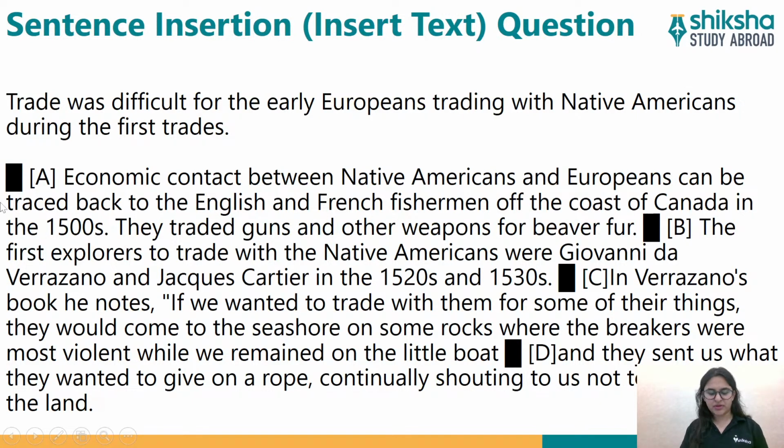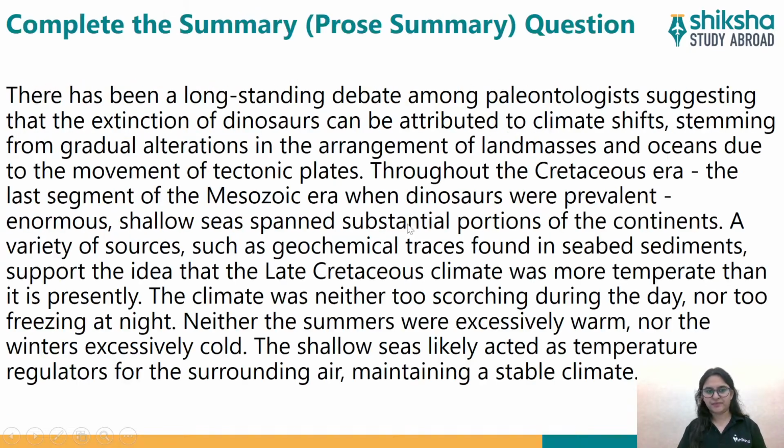You have to answer whether it comes after A, B, C or D. You choose by reading the whole passage and seeing the hierarchy, the level of the sentences, the starting pitch and the ending pitch of the passage, and then you fit this sentence, where my cursor is, into the passage. This is how you do this kind of question. I have given the answer, and you can relate to it after rewatching the video.